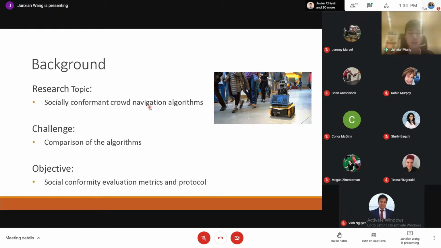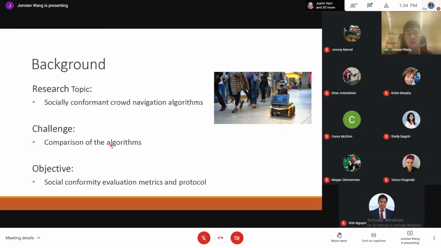However, that's when we encountered the challenge that the papers lacked a consistent set of evaluation metrics and protocol in their evaluation section, particularly in the social conformity aspect, which made it difficult for us to select a good candidate. Firstly, their testing scenarios are inconsistent.